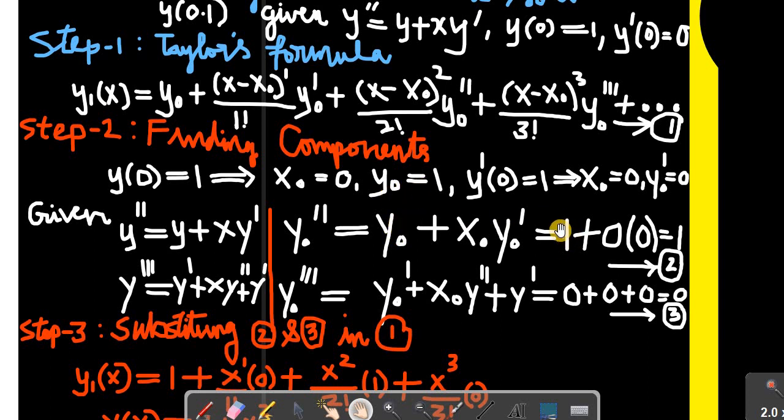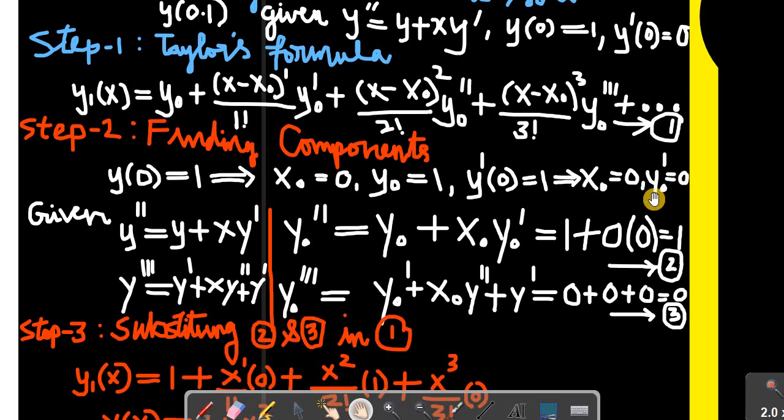Here we are substituting y naught equals 1, x naught equals 0, as given here. And the value of the first derivative of y at x equals 0 is equal to 0.